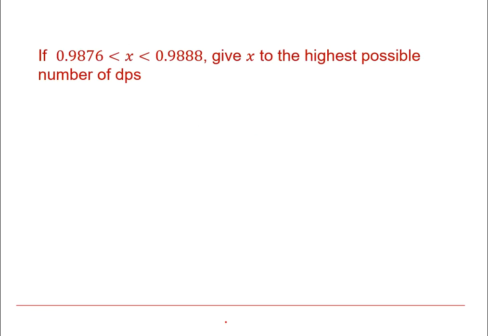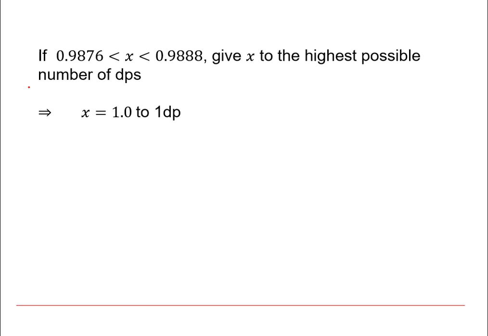Now, supposing we happen to have an interval estimate for a variable little x, so that we've been told that it lies between 0.9876 and 0.9888, and we want to be able to quote little x to a certain number of decimal places, then we can see that both ends of the interval round to 1.0 to one decimal place.